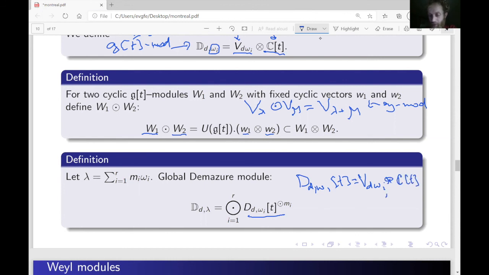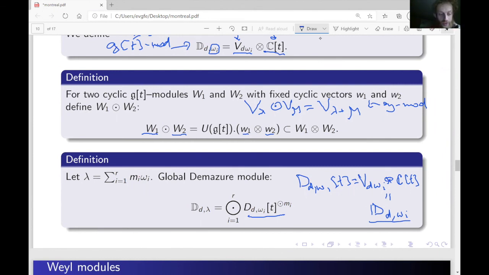And this is what was denoted by D-bar, bold D_{ω_i}. So we take these modules and we take several modules, the cyclic tensor product of several modules of this sort.